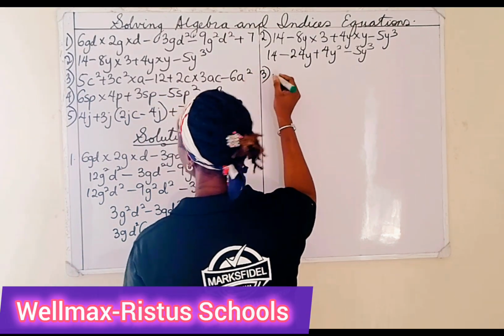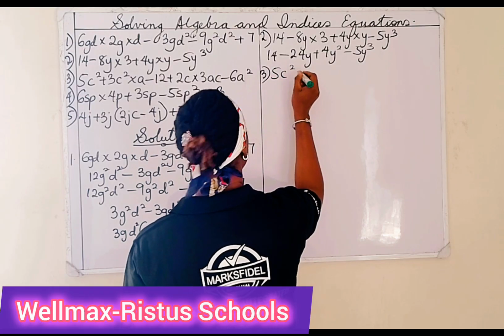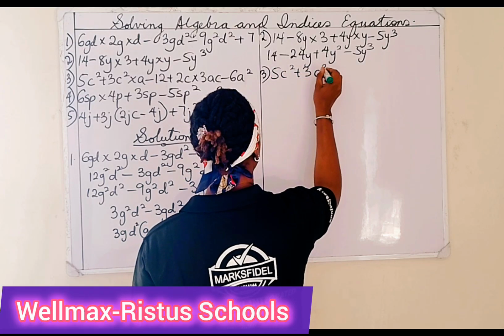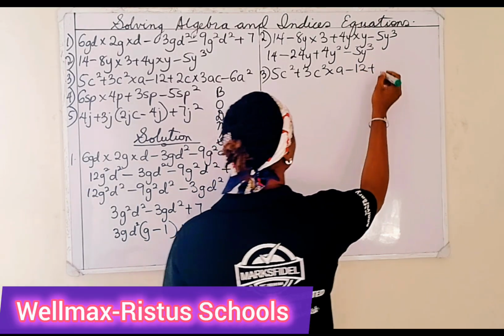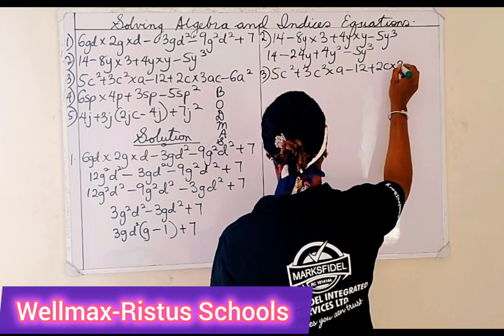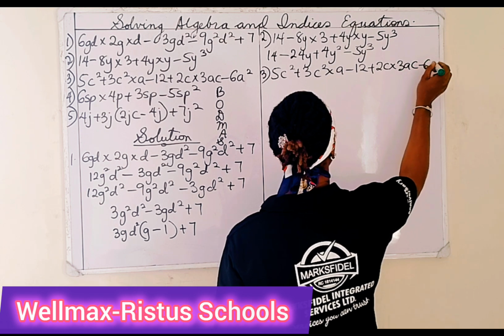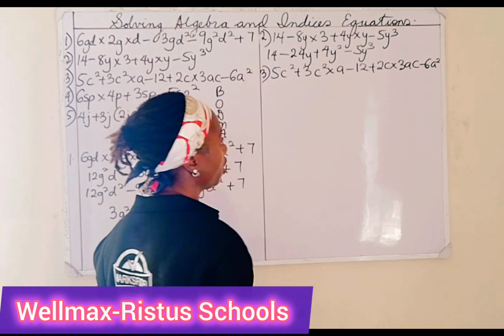Number 3. 5c squared plus 3c squared times a minus 12 plus 2c times 3ac minus 6a squared. Okay?